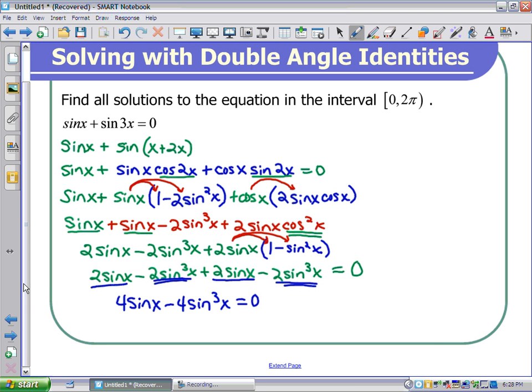Now, we have something that we can factor out here. And when I look at this, I notice that they both have 4s and they both have sines. So we're going to factor out a 4 sine x and you're going to be left with 1 minus sine squared x. And that's going to be equal to 0.